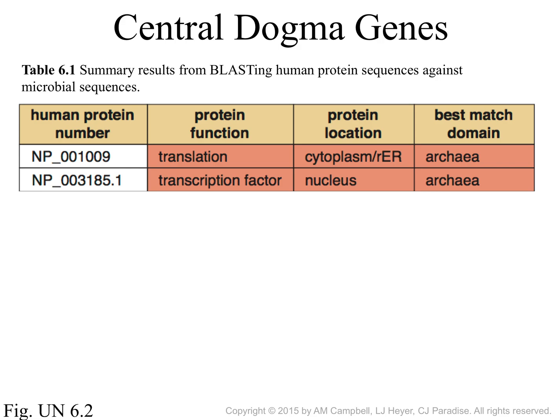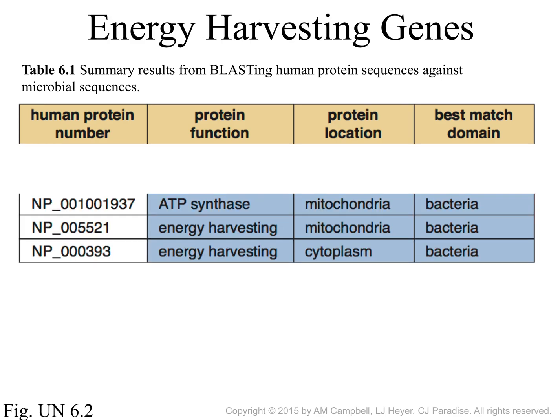So if we look at the DNA sequence of different genes that control things that all cells do. So all cells translate proteins, all cells transcribe DNA from our DNA into mRNA, and if we look at the genes that control that in eukaryotes, they are most closely related to genes from archaeans that do that same job versus genes from bacteria that do that job.